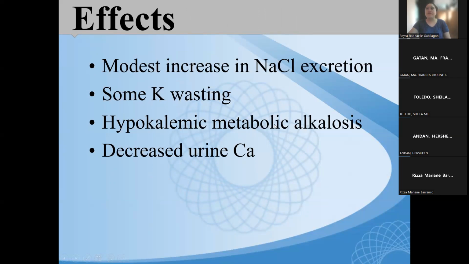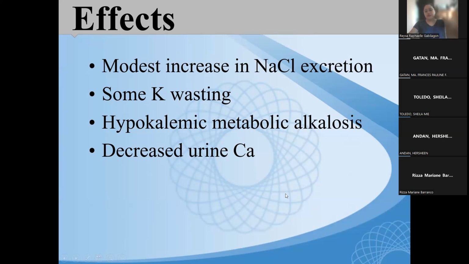Okay? However, what's their difference with that of the loop diuretics? Since there is a limited or minimal amount of sodium chloride reabsorbed in the distal convoluted tubule, it is not really comparable to the urine output caused by the loop diuretics.